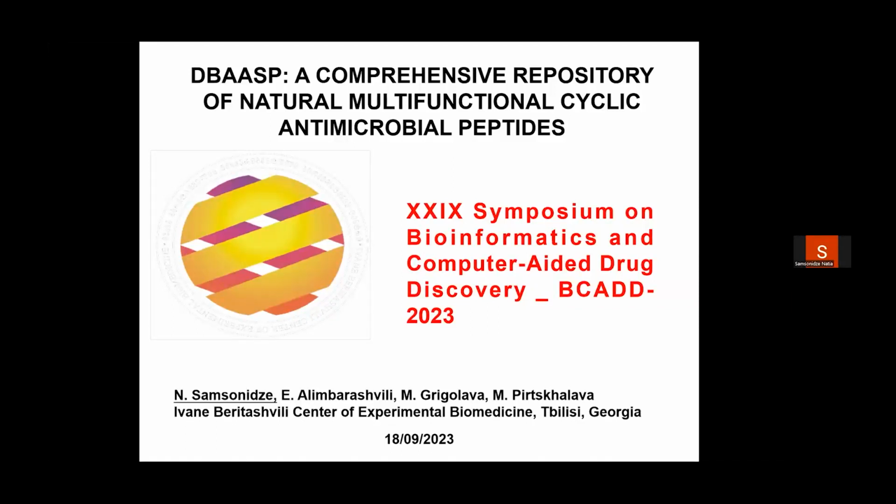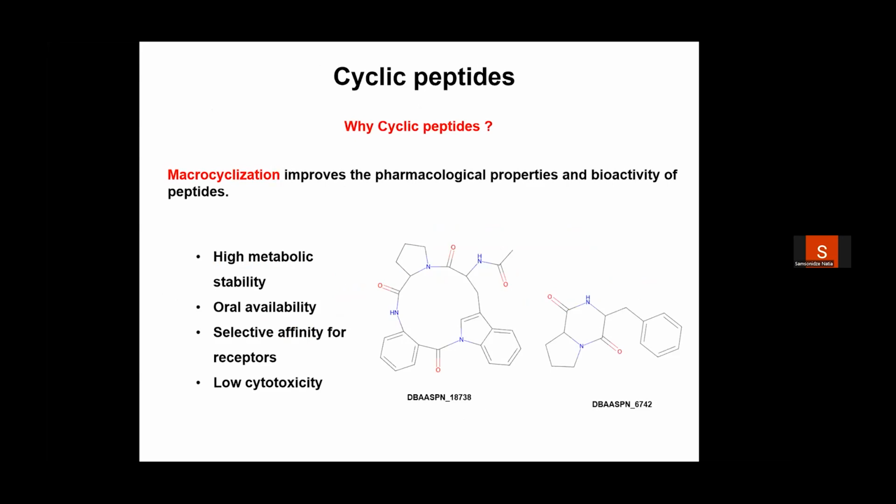Development of AMP-based drugs is hindered because of cytotoxicity and metabolic instability of AMPs. One strategy to handle this challenge is AMP macrocyclization, which improves pharmacological properties and bioavailability of antimicrobial peptides.